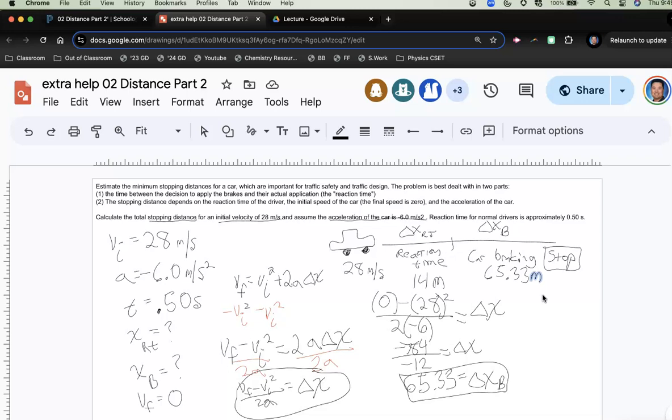This much is 14 meters. This much is 65.32 meters. What should be our final answer? We're trying to find the total. I wouldn't say subtract. Subtract would make it smaller. Yeah. We want both of these combined.